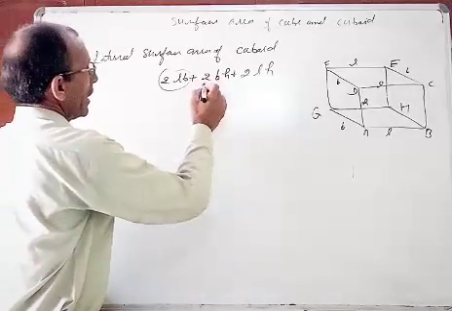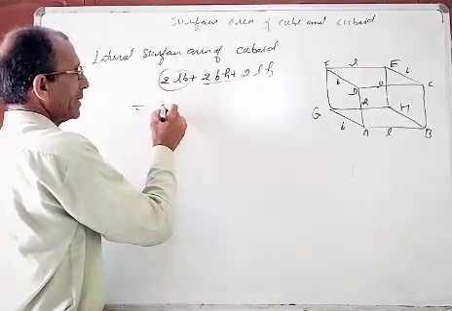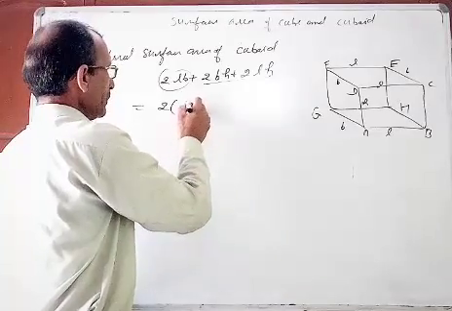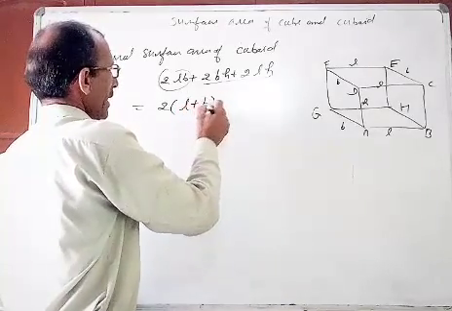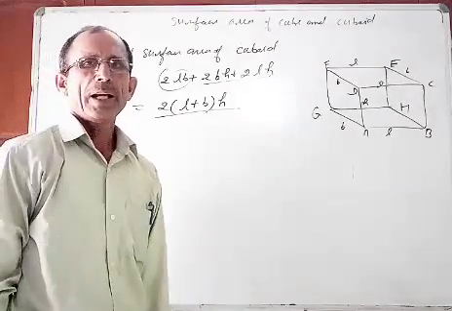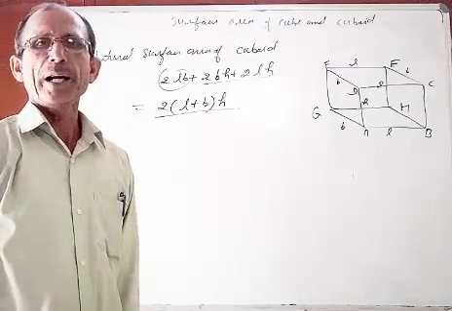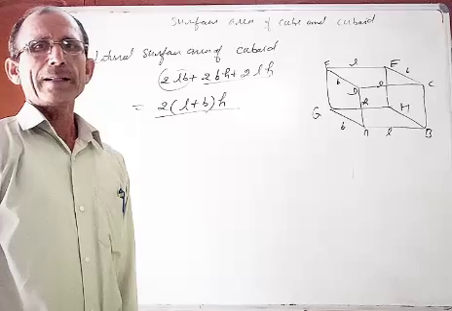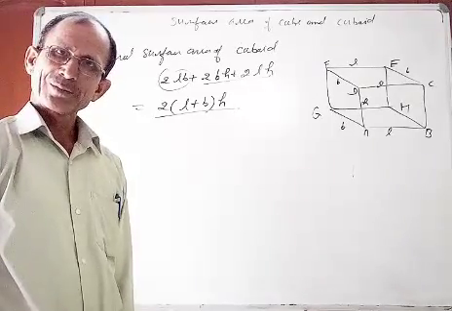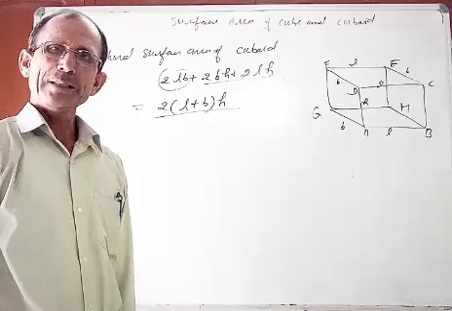So 2 is common, 2 into (L plus B), and H also common, so you can write 2 bracket L plus B into height. This is the lateral surface area of a cuboid or area of four walls. Have you understood? Any doubt, any confusion?